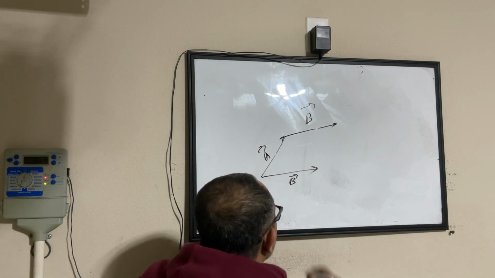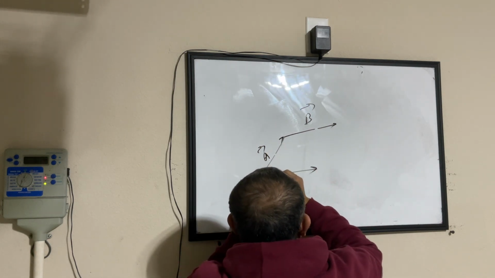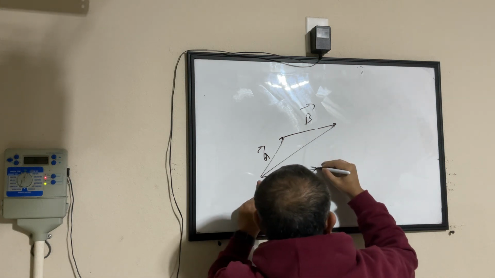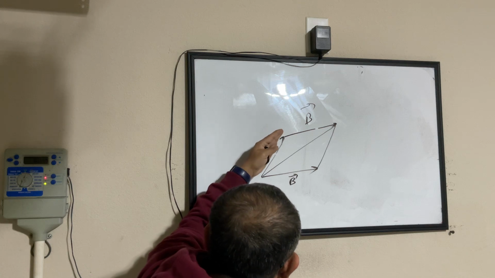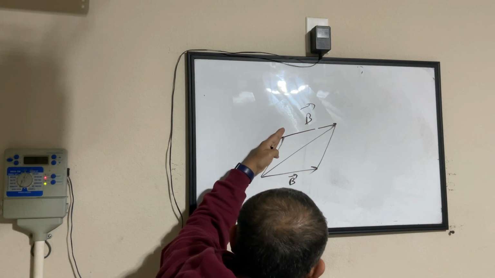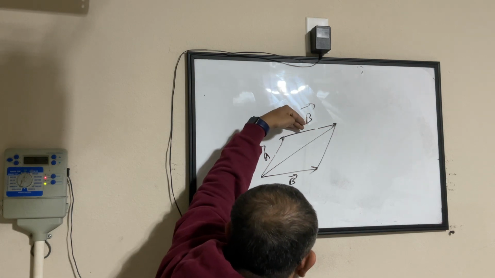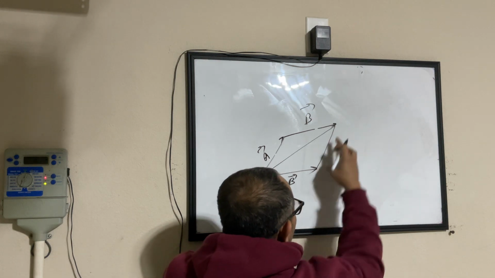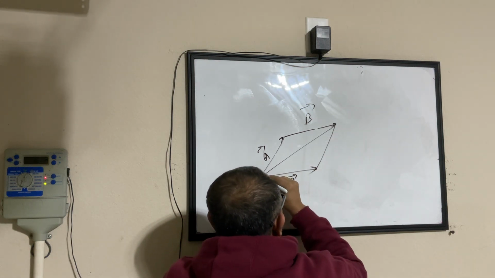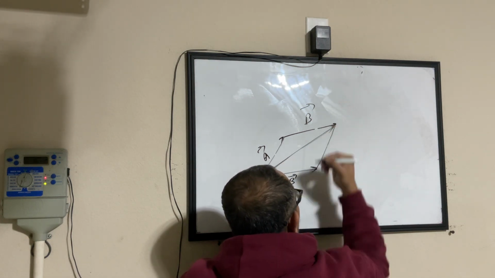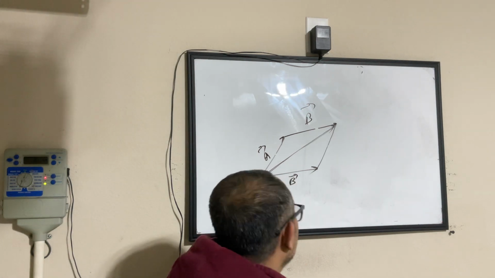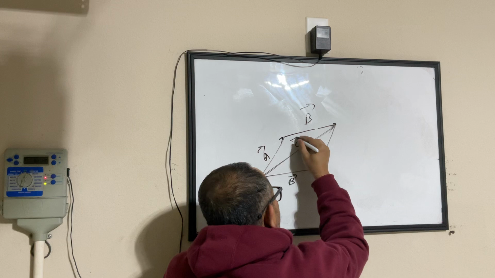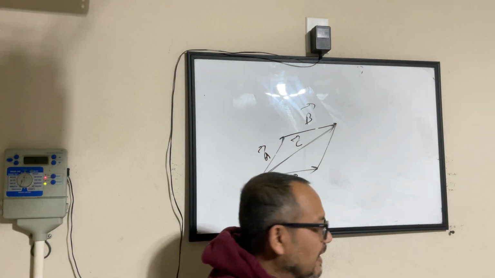So if you look at this, it is more like a parallelogram where you have A's head connected to B's tail, or B's head connected to A's tail, and this diagonal gives you the resulting vector C. So that's what the parallelogram rule says.